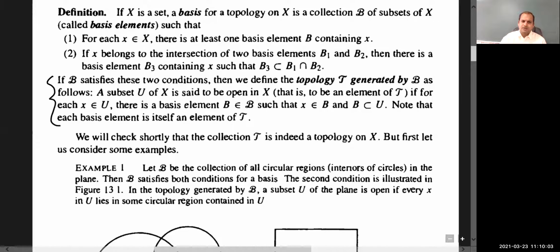This definition: suppose you know the basis. A subset U of X is said to be open in X. Open in X means with respect to the topology present on X. Every time I am repeating this. In general, we will say that open in X means U is a member of the topology script T equipped on X. So a subset U of X is said to be open in X if for each x belonging to U, there is a basis element B from this basis such that x belongs to B and B is contained in U. This notation is used for this.